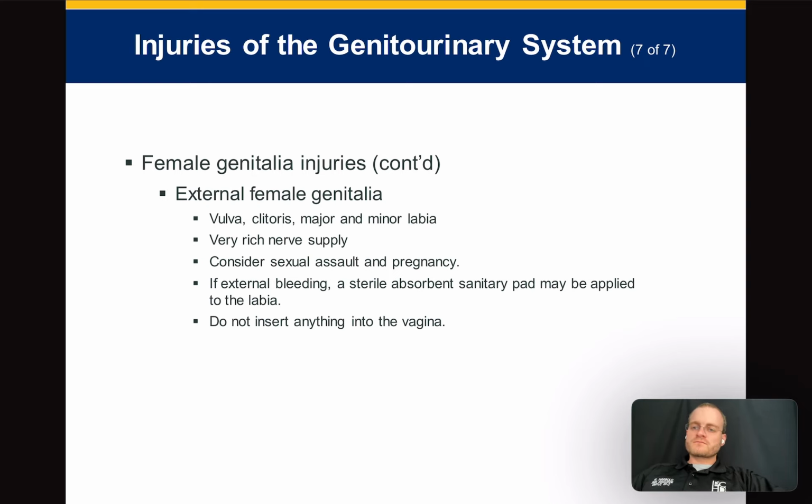And so the external genitalia of both men and women, especially men, is very rich in nerve supply and blood supply for the most part. And so consider sexual assault in pregnancy. If there's external bleeding, remember, we don't really ever put anything inside the vagina, so all you would do is put a sterile pad on the outside of the vagina. We never insert anything inside of the vagina.